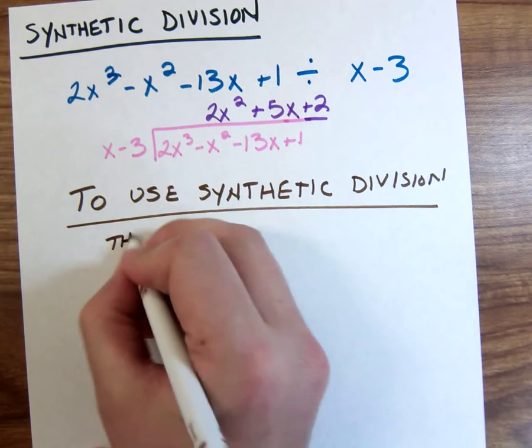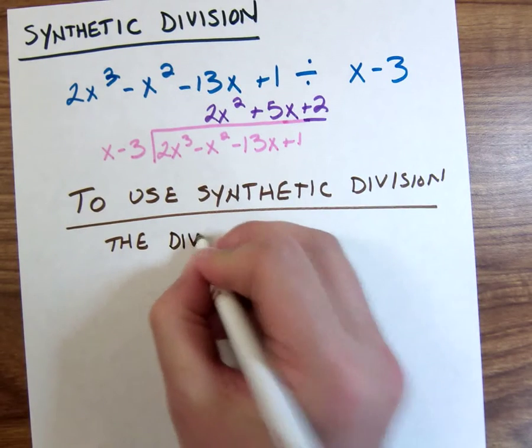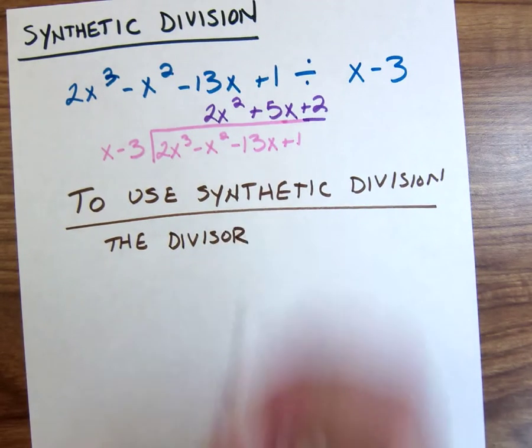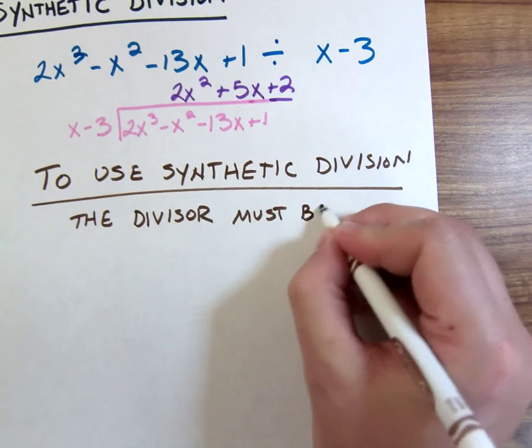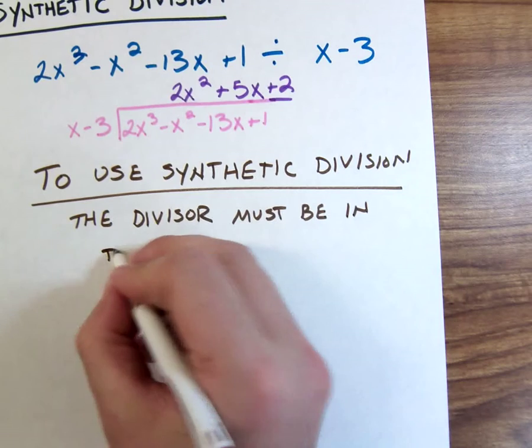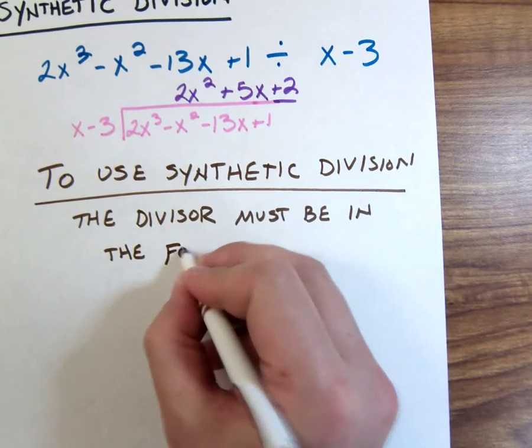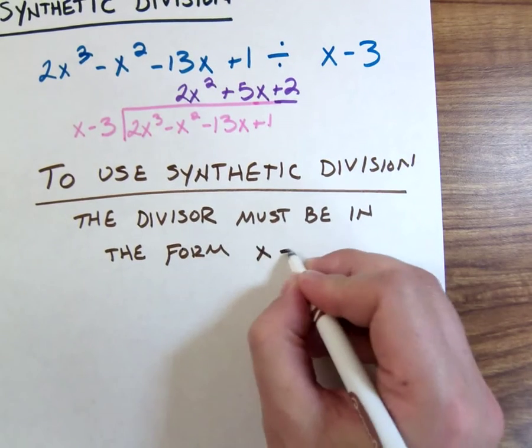The divisor, which is the thing you are dividing by, I'm like 98% sure that's called the divisor, must be in the form x minus c.